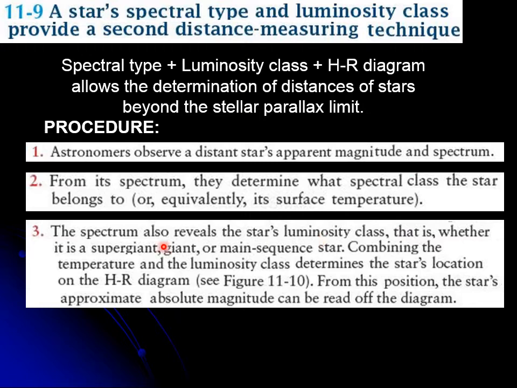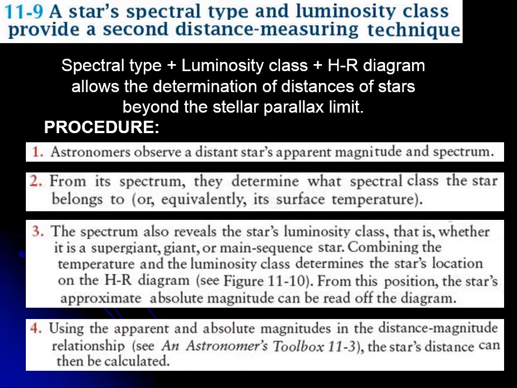But the spectrum also tells you whether we're dealing with a supergiant, giant, or main sequence, and with this we can establish the luminosity class. So with that, we're going to have the luminosity class that, along with the spectral class, will locate the object in the H-R diagram, and with that we can extract the absolute magnitude, which combined with the apparent magnitude will give us a way to determine the distance.